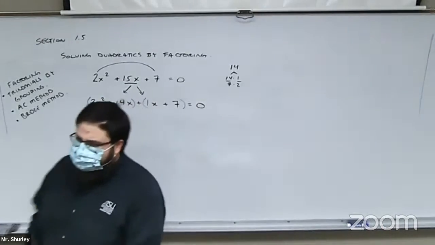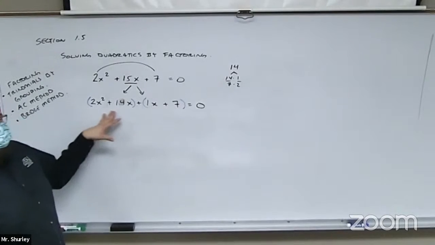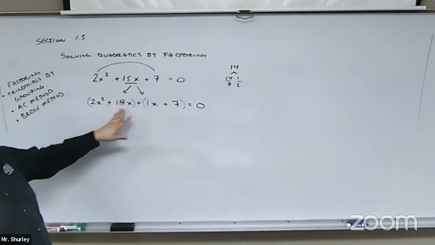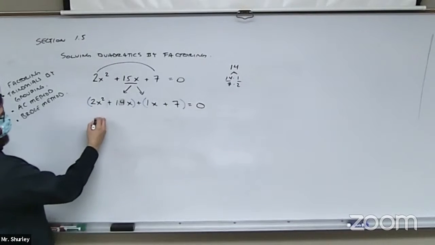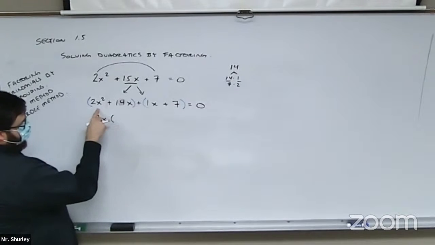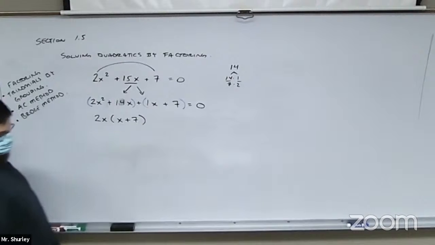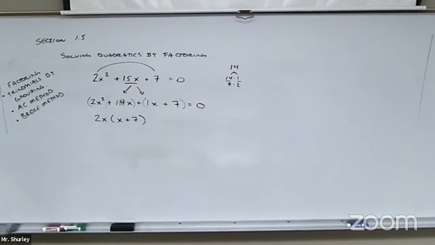And you're going to ask yourself, okay, what can I factor out of this first set? GCF, this first set of parentheses. Oh, I can factor a 2 out and an x out. They both have 2x. This becomes x plus 7. Okay?